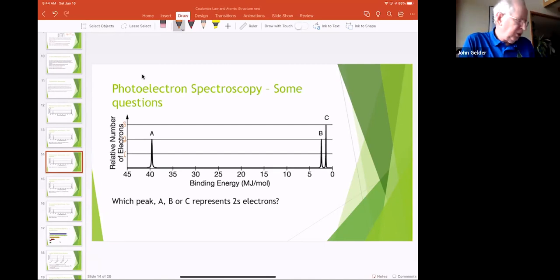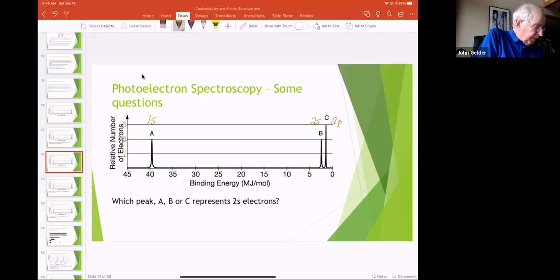So each of those lines just represents 1 electron. So this A peak is our 1s, our B peak is our 2s, and then the C peak is the 2p subshells. And the height of each of those peaks denotes the number of electrons that have that energy in the atom.